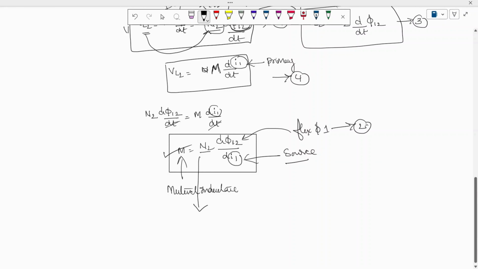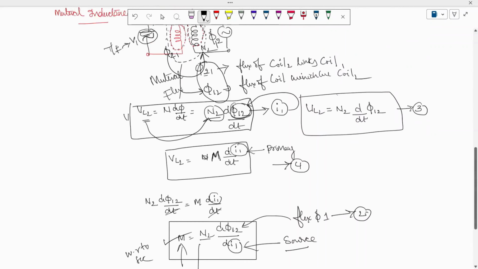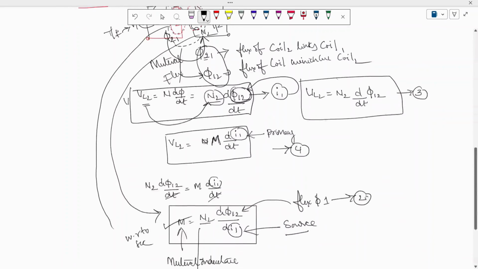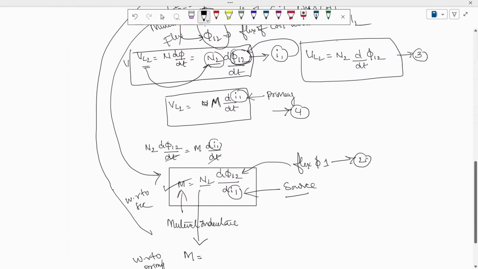Similarly, we can write the formula for mutual inductance with respect to the primary. This one we have written with respect to the secondary coil. Now we are writing the formula for mutual inductance with respect to the primary.